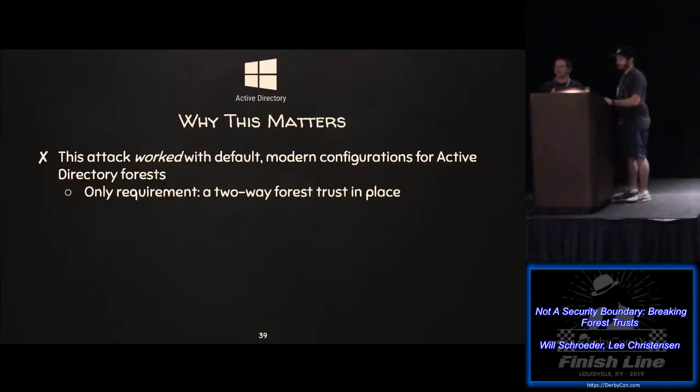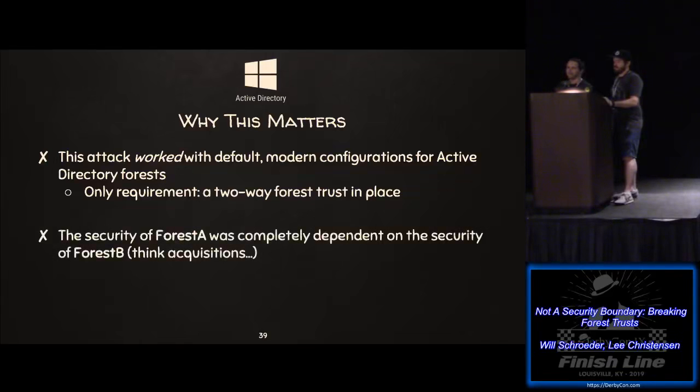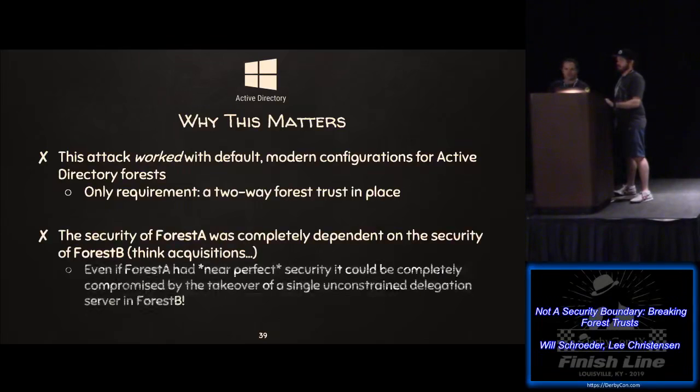Yep. And so the big thing here is, in Active Directory's default configuration, it is vulnerable. If one forest trusts another forest, then the compromise of that first forest is going to result in the compromise of the second forest. So the issue here is you now have this dependency on the security of this other forest that you're just assuming is okay, or is isolated off, but that is no longer the case.